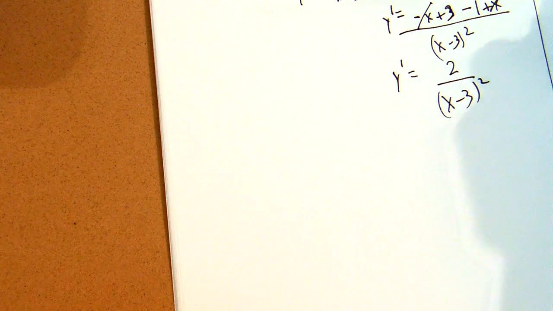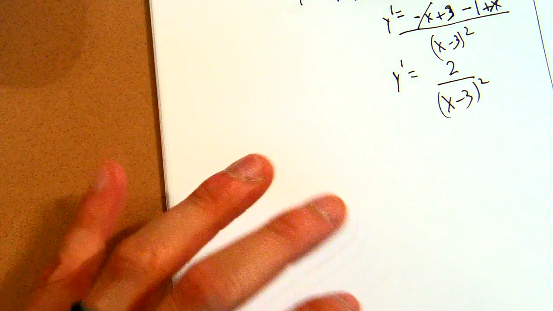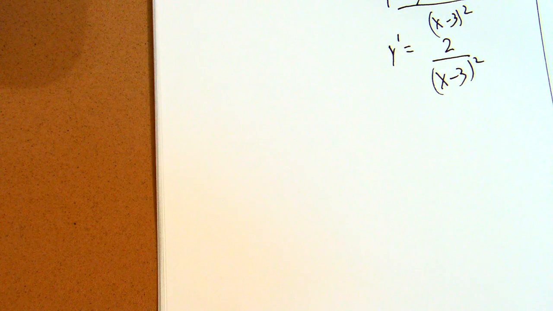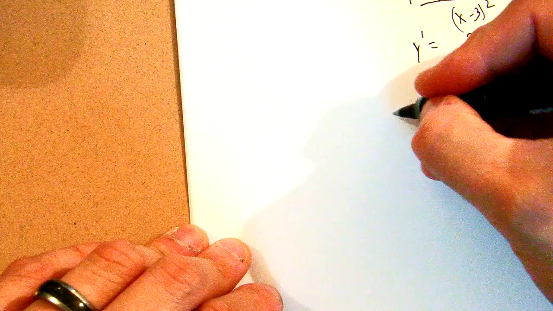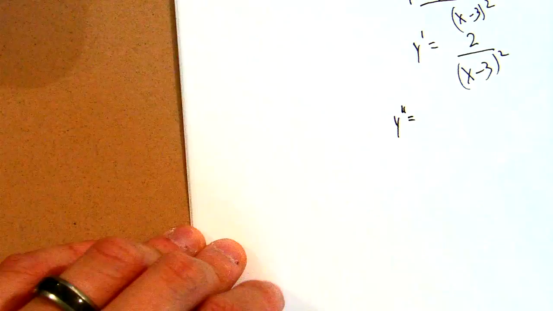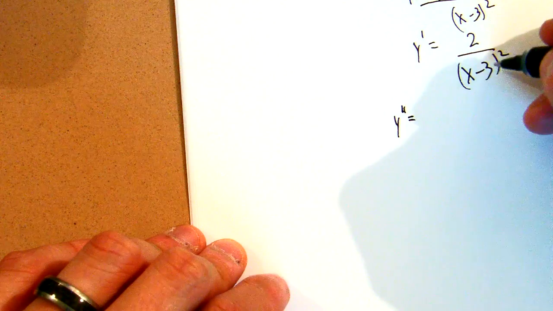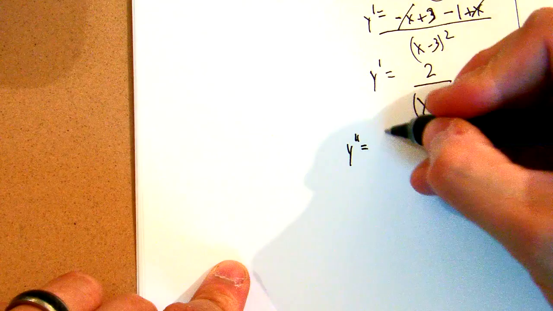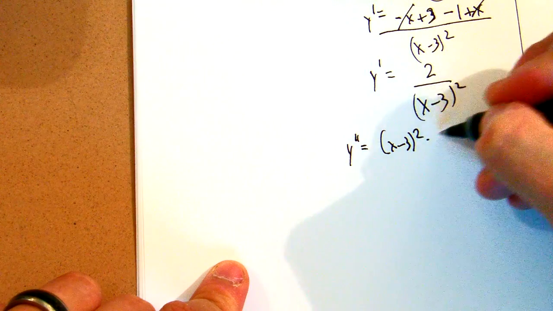So you have a couple of options with the second derivative here. I think it would be easier to rewrite and use the power rule, but I'll go ahead and use the quotient rule since most of us like it that way. So y double prime is low times the derivative of this here.